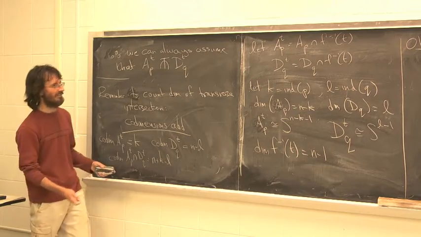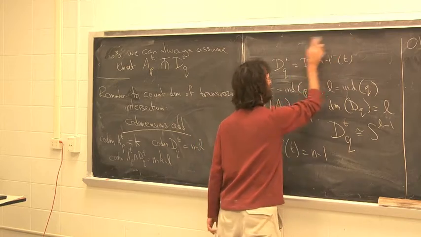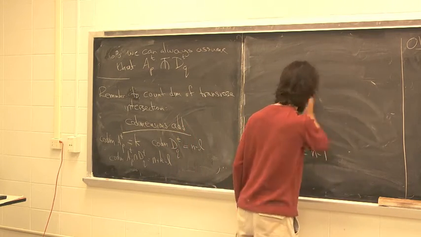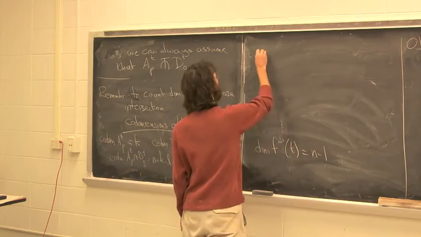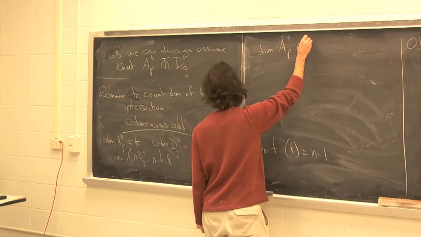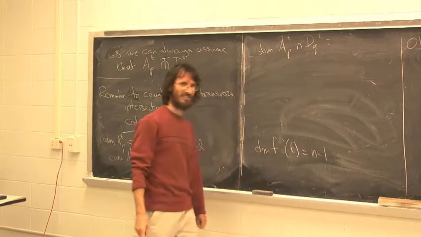So what's the dimension of it? What I really want to get to is its dimension. Remember that that's the codimension in here. So therefore, the dimension of A T intersecting Q T is the dimension minus the codimension.